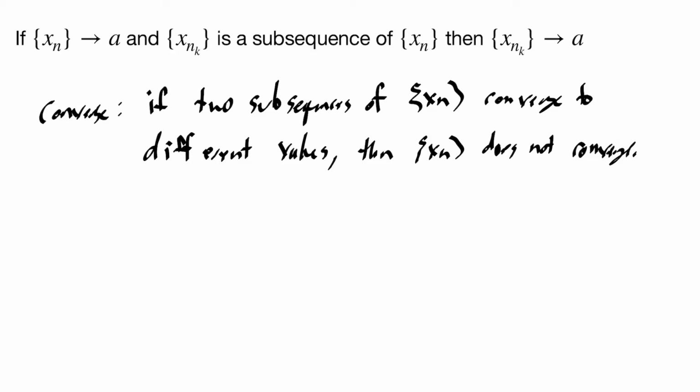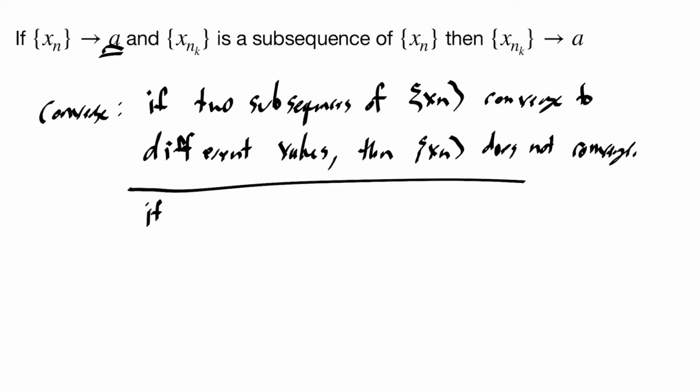So notice, because our theorem says every subsequence must converge to that same number, if you get two subsequences going to different numbers, then that means that it doesn't converge. By the way, you could also say if you find any subsequence that doesn't converge, then that means that your sequence doesn't converge. So that's an alternate version.